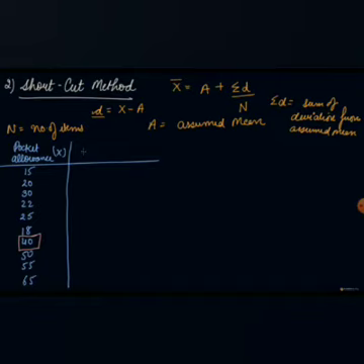Now you will find the deviation, which is equal to X minus A. X is your series, and A is the assumed mean, 40, taken from the series.